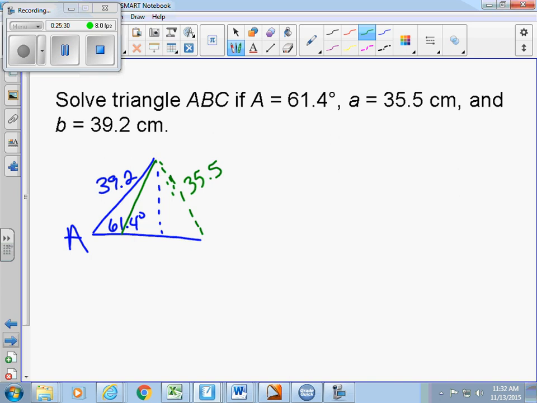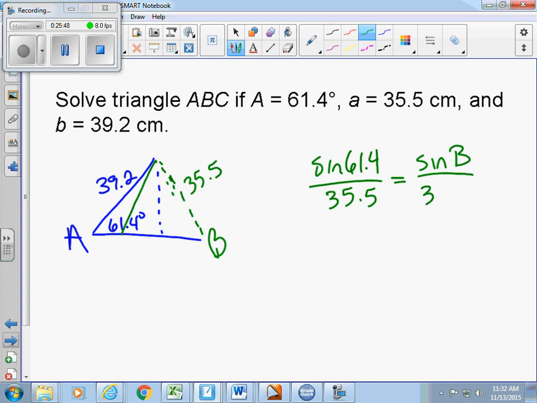So let's find a triangle. And so we have sine of 61.4 over 35.5 equals, what was that side? Sine of angle B over 39.2. Multiply sine of 61.4 divided by 35.5 times 39.2.